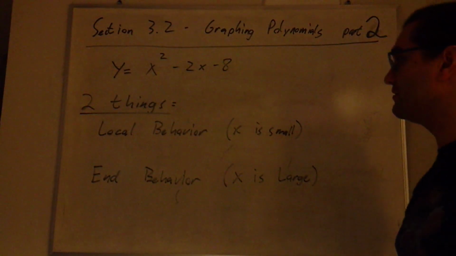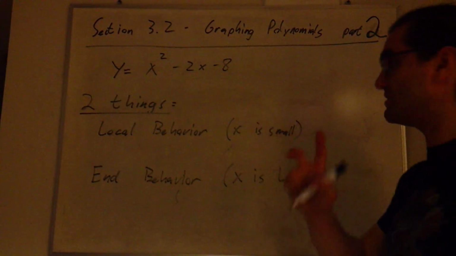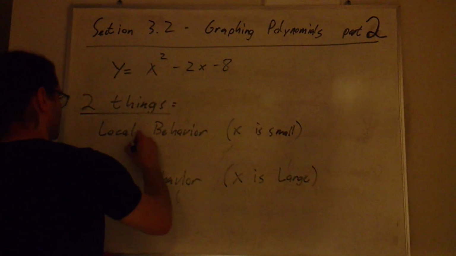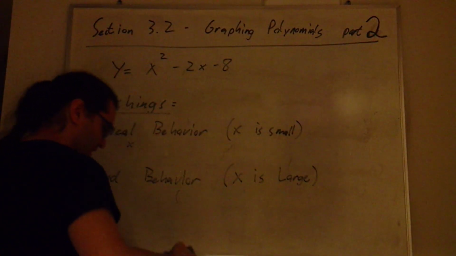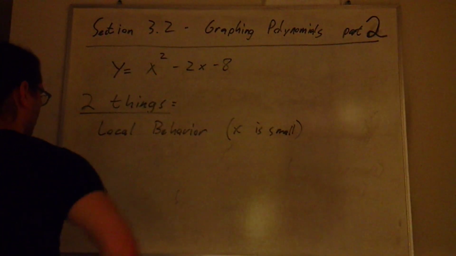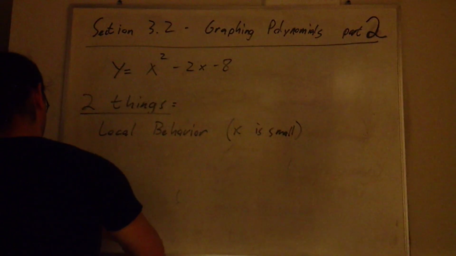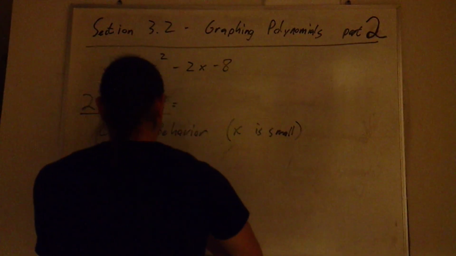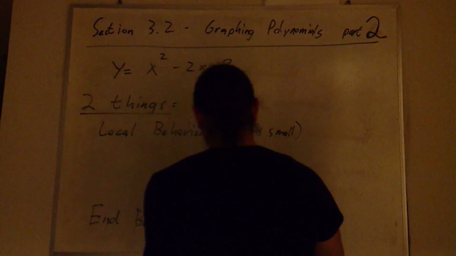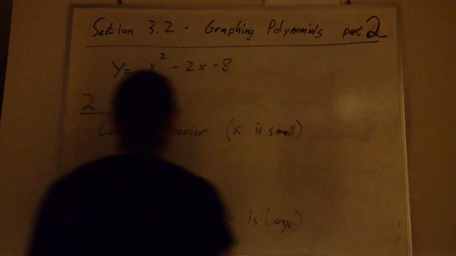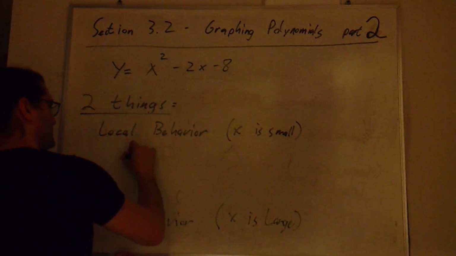Local behavior consists of two basic pieces. Local behavior is going to be x-intercepts. Let me put end behavior a little further down, give myself more room here. Okay, local behavior has two pieces.